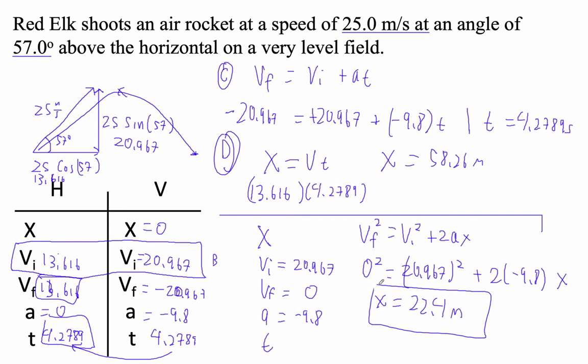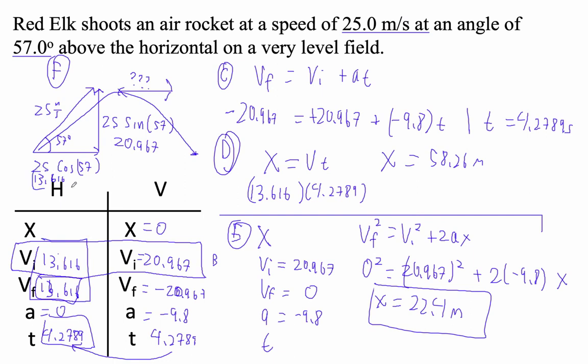And then the final trick question is, what is the speed of the rocket at the highest point? Well, at the highest point, it only has a horizontal velocity because the vertical velocity is 0. So the question is, what is that horizontal velocity? I just answered E, so now we're answering F. The answer is it's the horizontal velocity it's got the whole time.